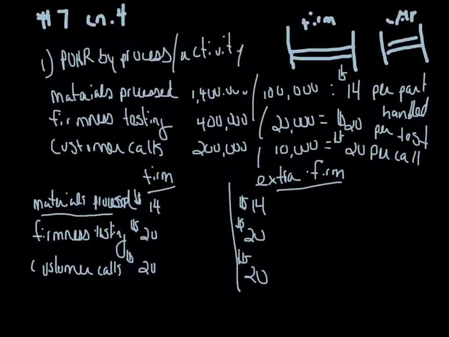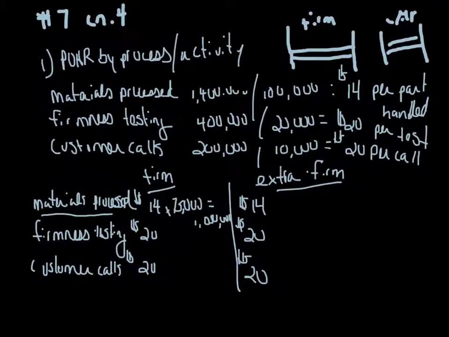Now we just need to assign the actual activity per product. So it tells us for parts handled, 75,000 were for firm. So we're going to multiply that by 75,000 parts handled. So that comes out to $1,050,000.